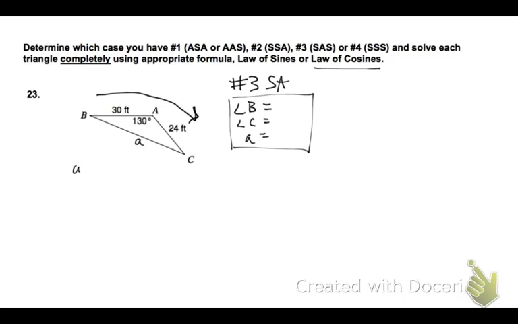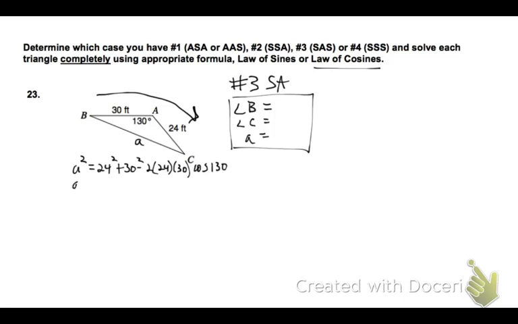I'm going to use the form of law of cosines that starts with side A, and then I fill in my other two sides, square them, so 24 squared plus 30 squared, minus 2 times those side lengths multiplied, times the cosine of my angle, and my angle is 130.